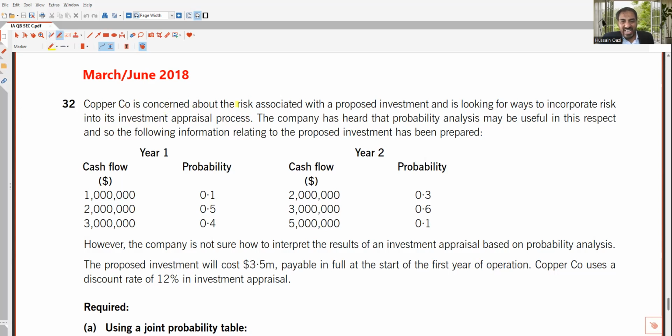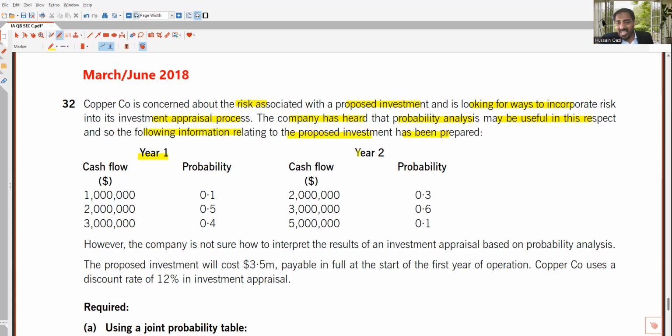Okay, Copper Company is concerned about the risk associated with the proposed investment and is looking for ways to incorporate risk into the investment appraisal process. The company has heard the probability analysis may be useful in this respect, and so the following information relating to the proposed investment has been prepared.